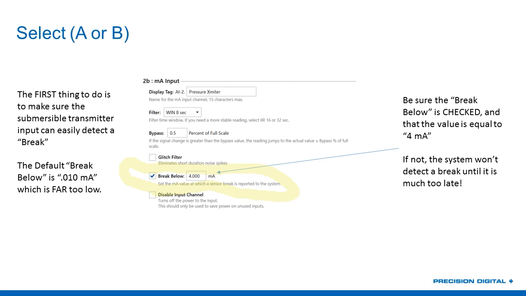The default setting for this is 0.01 milliamps, which is awfully low. It's low enough where if we kept that setting there, it's very possible our transmitter would actually be broken, but we wouldn't know because it's not reporting a break to the system. And so I usually tell folks, go ahead and check that box and make sure 4 milliamps is in there, so that we know as soon as that transmitter drops below 4 milliamps, it's going to report a break to the system. Okay, so that's step number one.